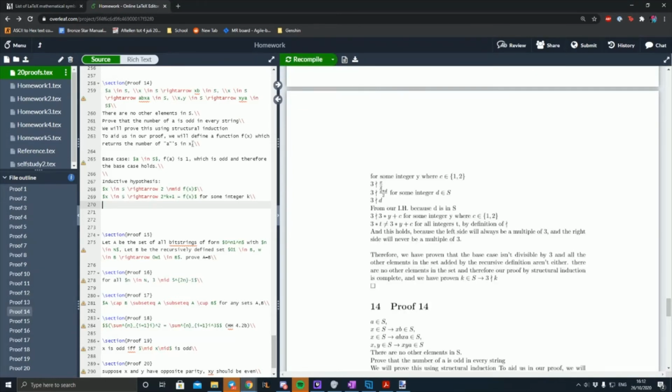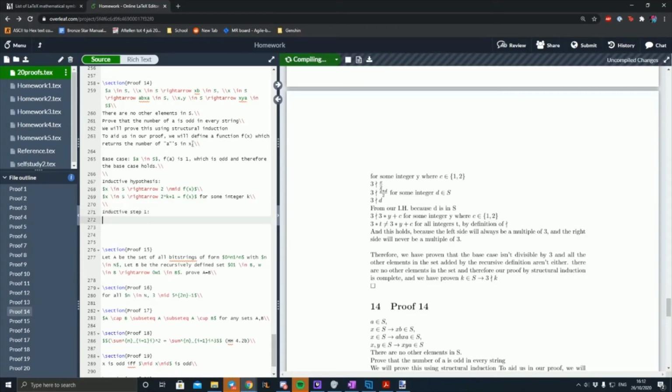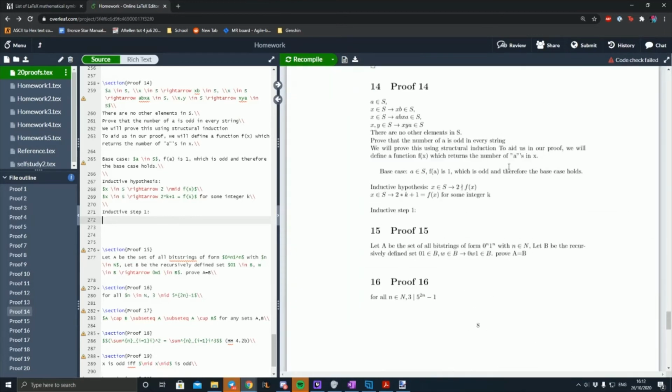Okay, so now we will go on and say that for our inductive step 1, let me scroll down a bit.